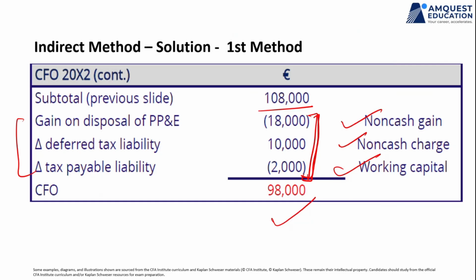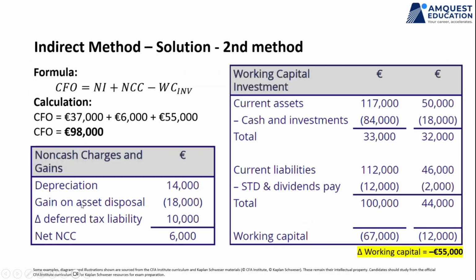Now this entire exercise can be finished in a very small equation also. Remember, we said you can calculate cash flow from operation using net income, non-cash charges, and working capital investment. We already know the net income is 37,000. That is profit after tax. Non-cash charges: 14,000 depreciation, 18,000 gain on asset disposal, 6,000, 10,000 for tax liability.